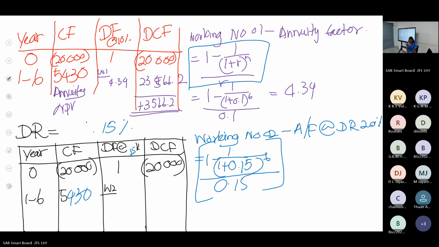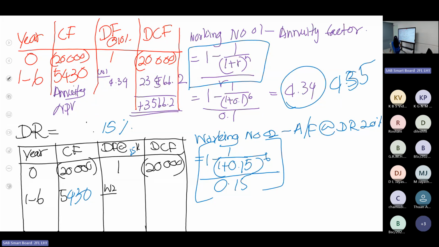Calculated. The same principle. So this is 3.5, so then you also 4.35.